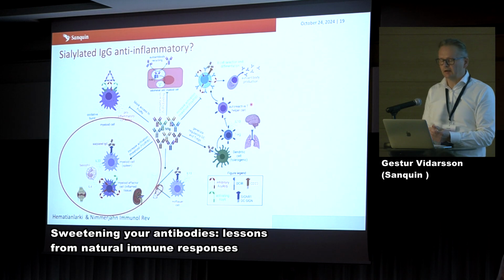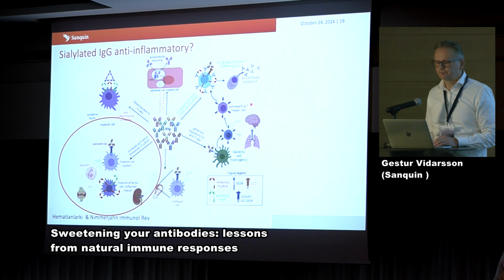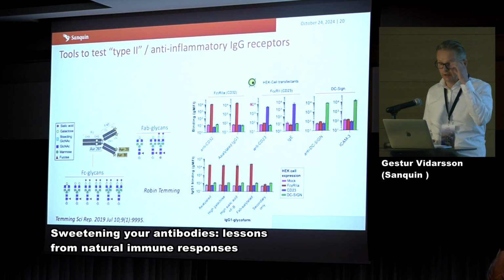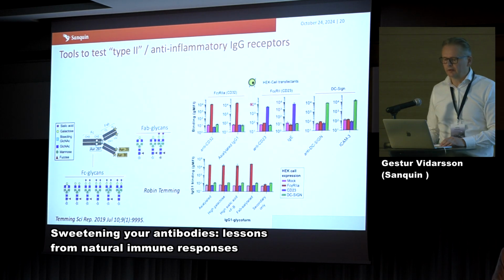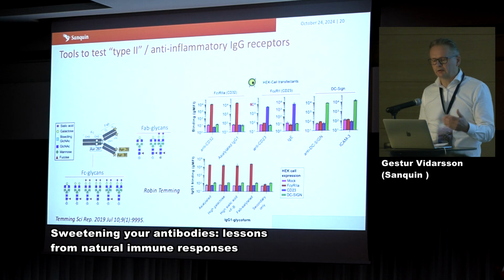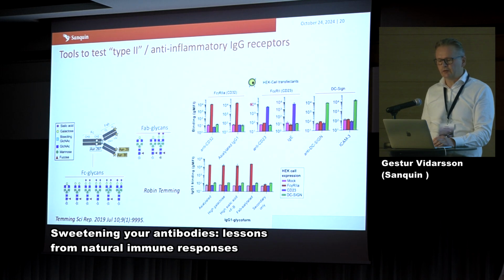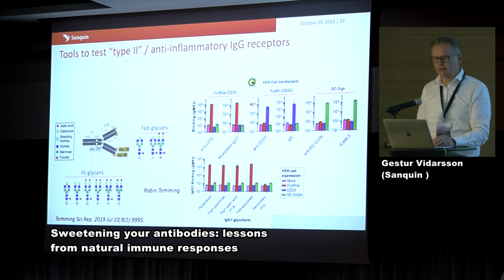Also very seminal publications from 10, 15, 20 years ago really pushed this field to increase our curiosity about antibody glycosylation, because there was supposedly also a new type of receptors, called type 2 receptors, that may be associated with this inflammation.